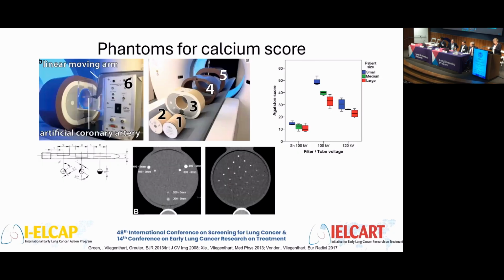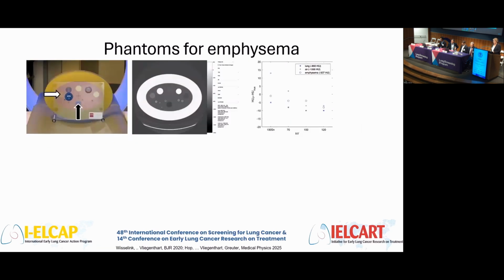You can have body habitus inserts to make the diameter larger. And we also have a calcium finger that moves with different frequencies that you can adjust, which simulates heart rate. For example, we found that ultra low dose imaging with thin filter actually reduces your calcium score.